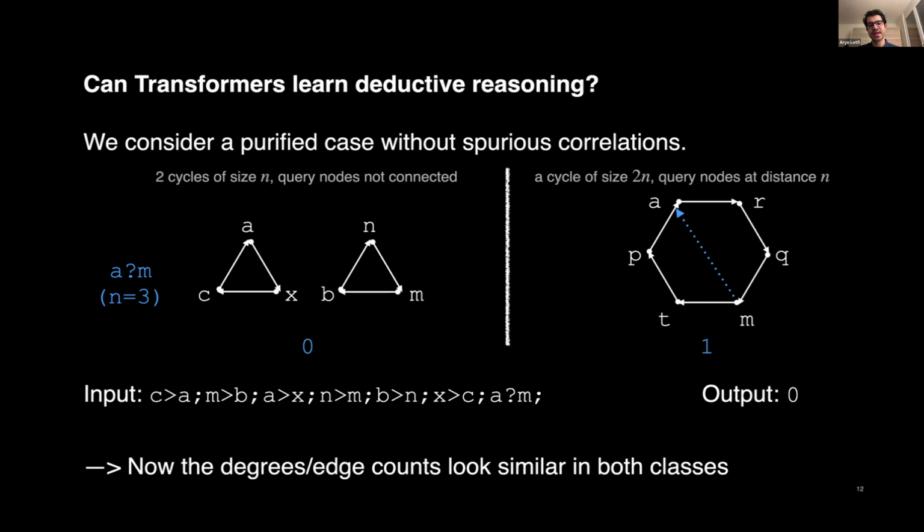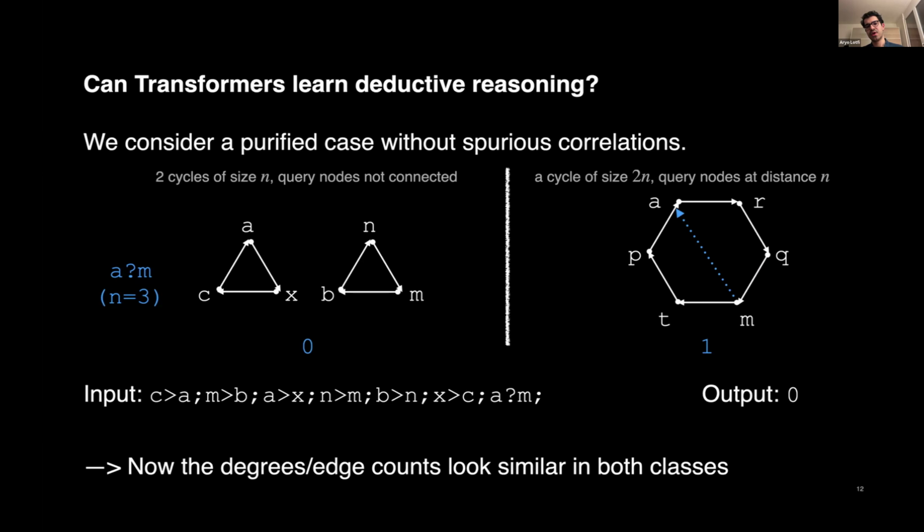The thing about this dataset is that, first of all, the in-degree and out-degree of every node is the same, both for the positive samples and for the negative samples. But actually, you can go even a step further, and you can see that every neighborhood of each of these nodes is kind of the same in the two examples.